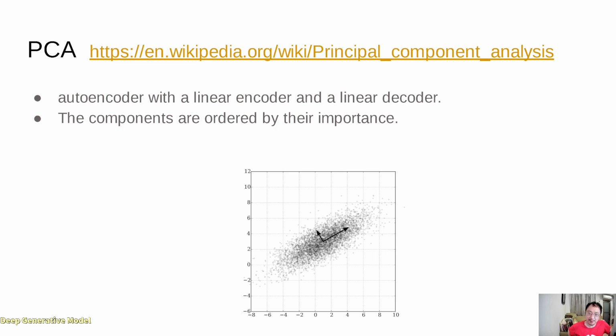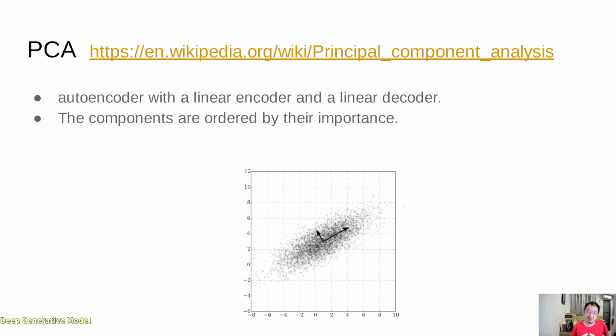When we say linear, it is really linear. There's no bias at all. You can add a bias, but the bias is always the mean of the data. So basically, it is not affine. It just pretty much assumes that the data has mean 0. So the encoder and decoder are exactly linear, not even affine.